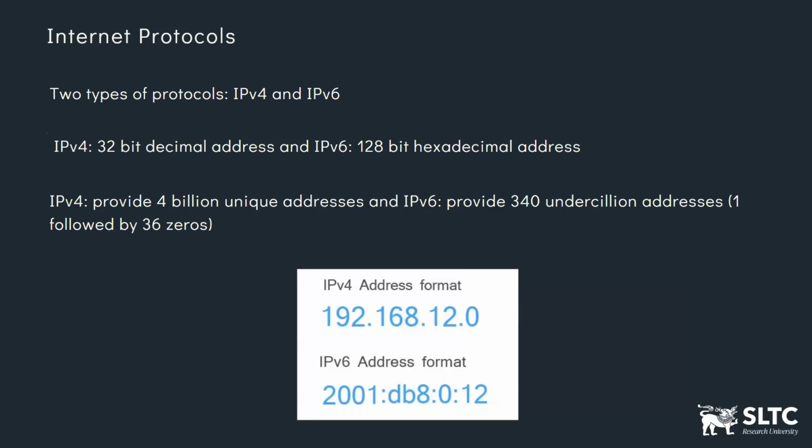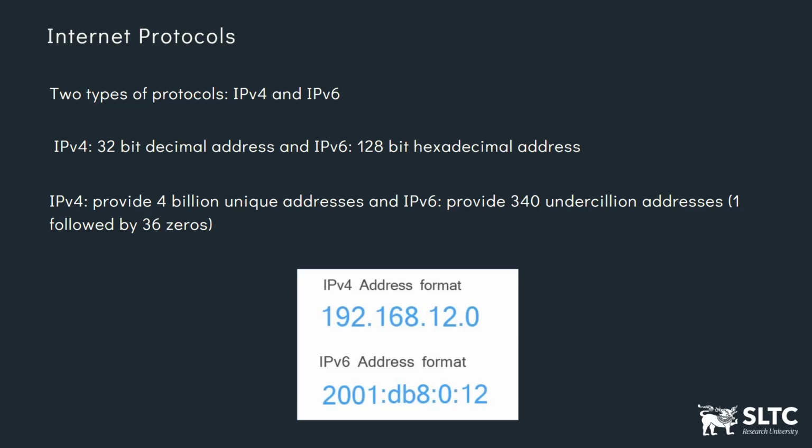IPv6 will allocate a 128-bit hexadecimal address to the devices. The main difference between these IPv4 and IPv6 addresses is mainly due to the length of the addresses. IPv4 is a 32-bit address, while IPv6 is a 128-bit address.